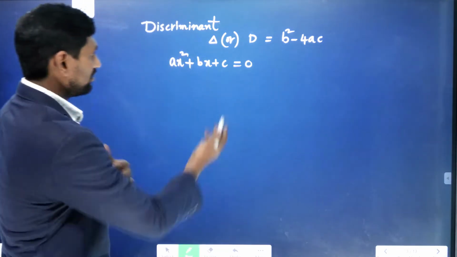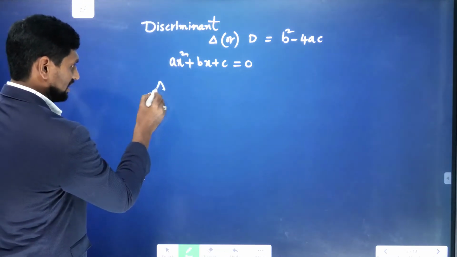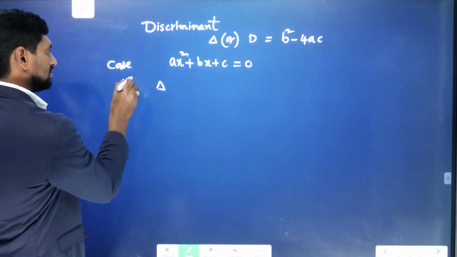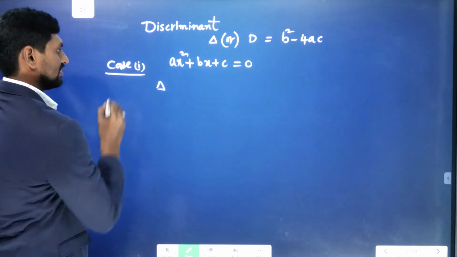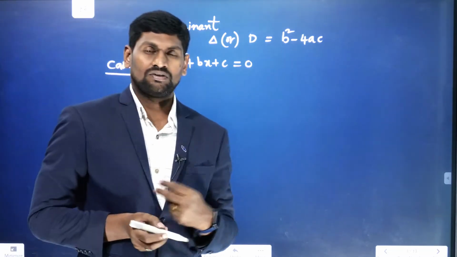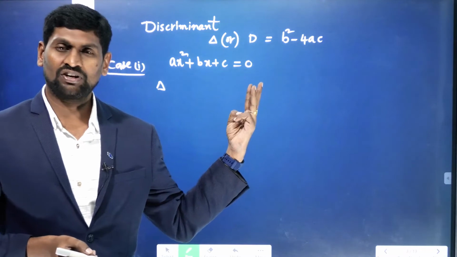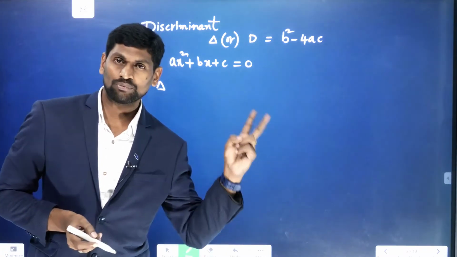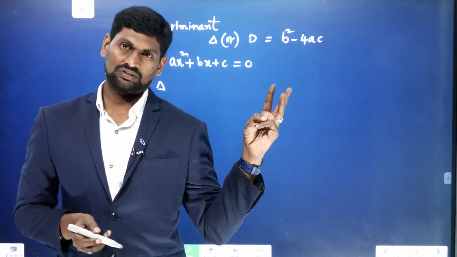From this discriminant delta value, there are three cases, matching the three different diagrams: two different roots, two same roots, and no roots.